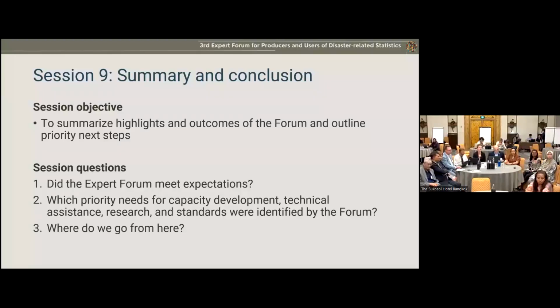And we've set ourselves 3 questions that we hope that we can manage together to answer by the end of these 55 minutes. Did the expert forum meet our expectations? Which priority needs for capacity development, technical assistance, research, or standards were identified by the forum? And last but not least, where do we go from here?